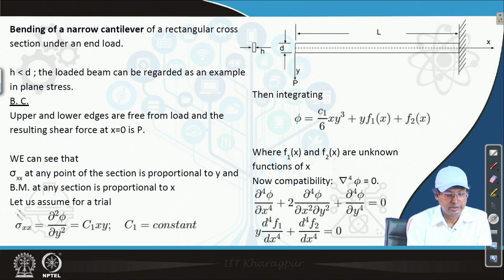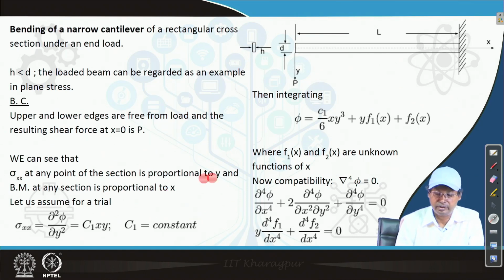We can see that sigma xx at any point of the section is proportional to y. The bending moment at any section is proportional to x. So this sigma xx is proportional to y. This part we have already seen in our previous inverse method, and that brings us to C1 y cube by 6.